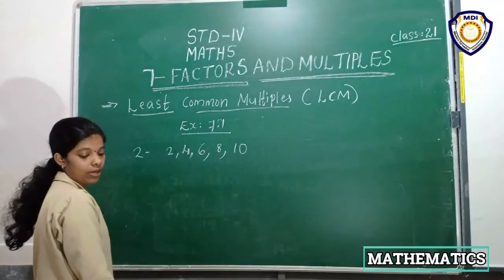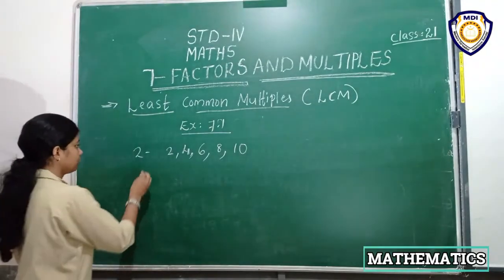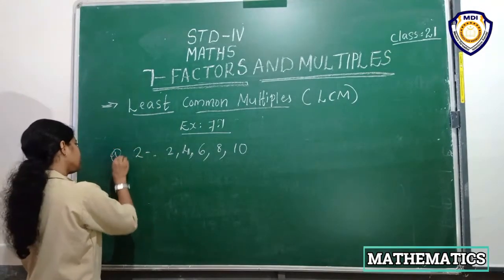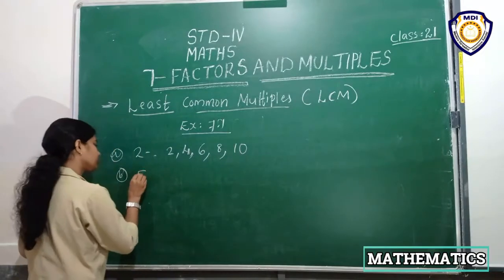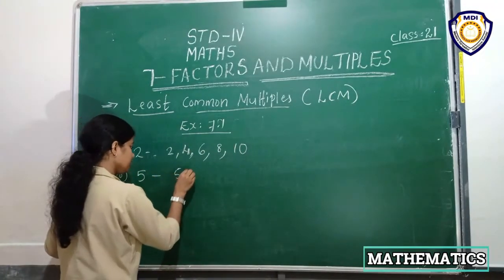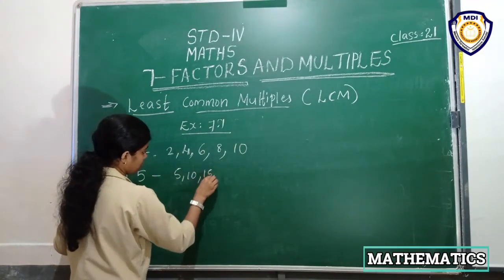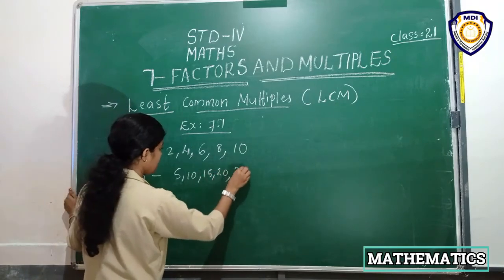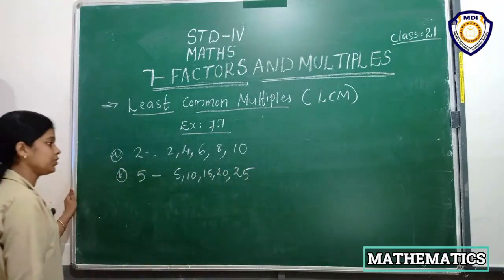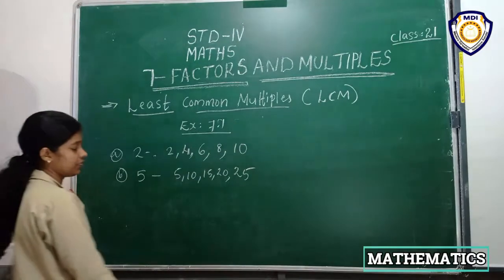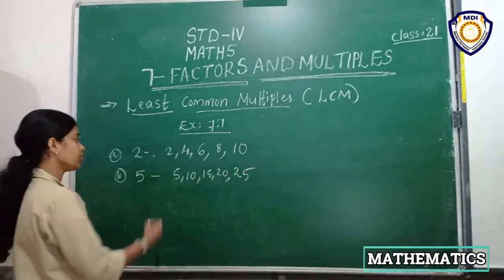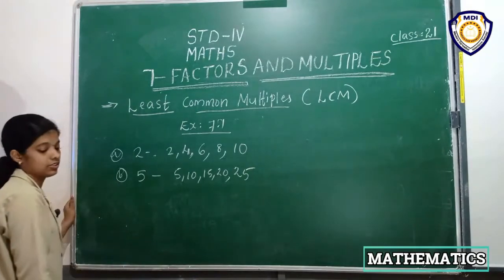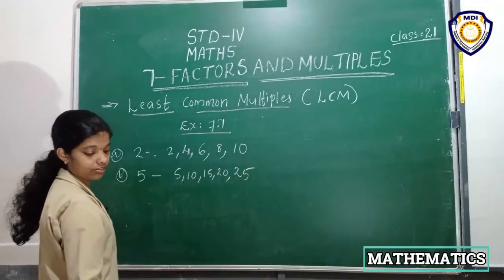First 5 multiples. Then B, 5: 5, 10, 15, 20 and 25. This is the first 5 multiples of 5.